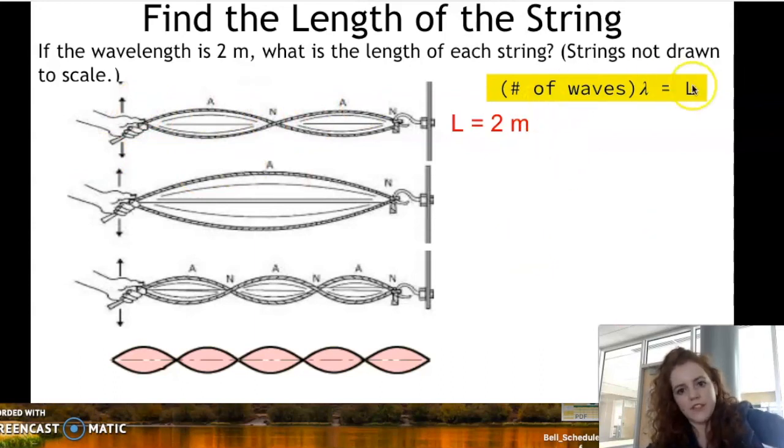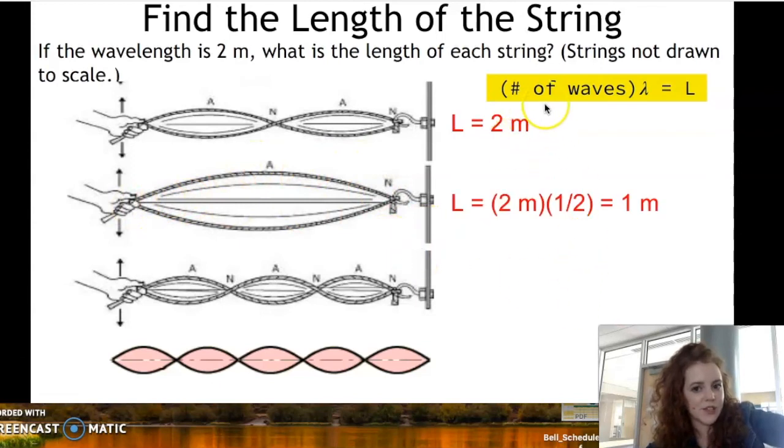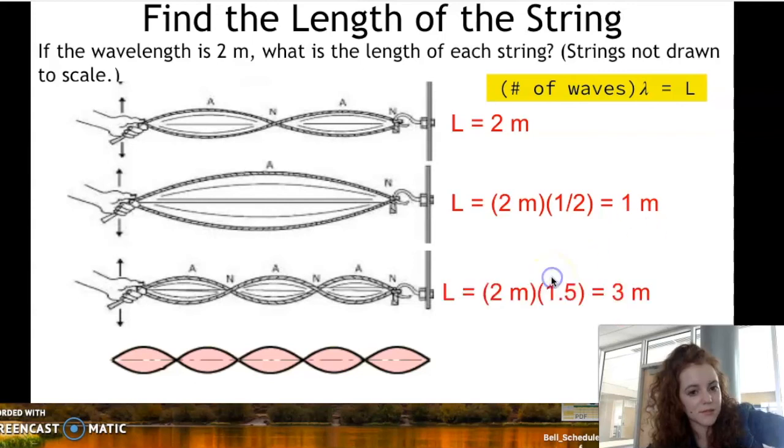So one wave, 2 meters, equals L, 2 meters. This one we've got half a wave. So the number of waves is 1/2 times the wavelength, which is 2, gives us a length of 1 meter. This one, we've got 1, 2, 3 bubbles, so that's 1.5 waves. 2 meters times 1.5 is 3 meters.